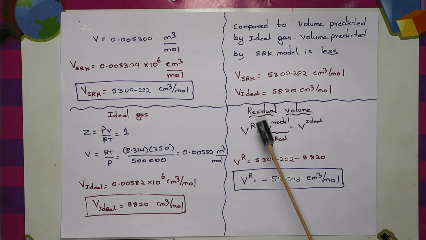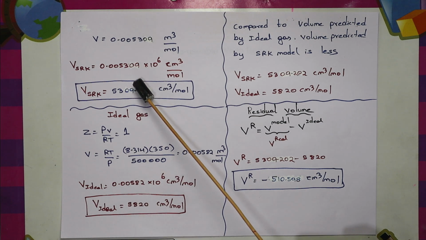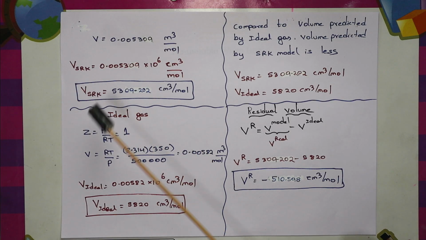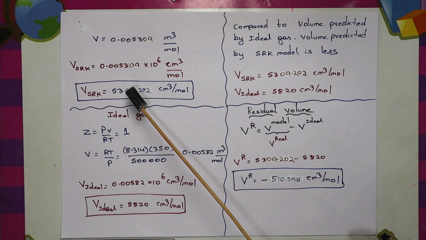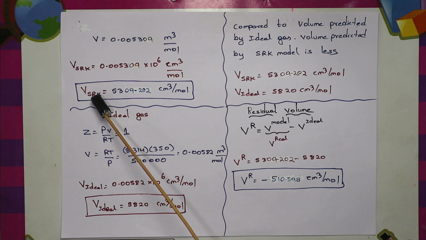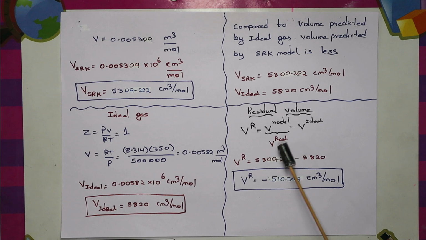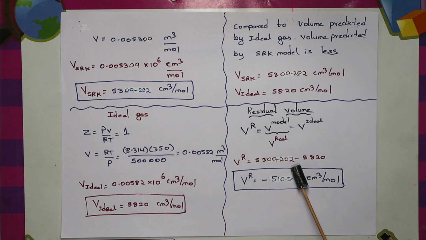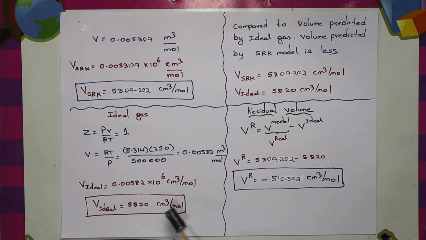When you talk about the difference between real gas and ideal gas, real gas means the prediction from the equation of state, which is SRK. If you compute the residual volume, that means the difference between the real volume and the ideal volume, it is nothing but V from the model minus V from the ideal model. The real gas volume as predicted by SRK is 5309.202, minus the ideal volume predicted by the ideal gas equation of state, which is 5820.